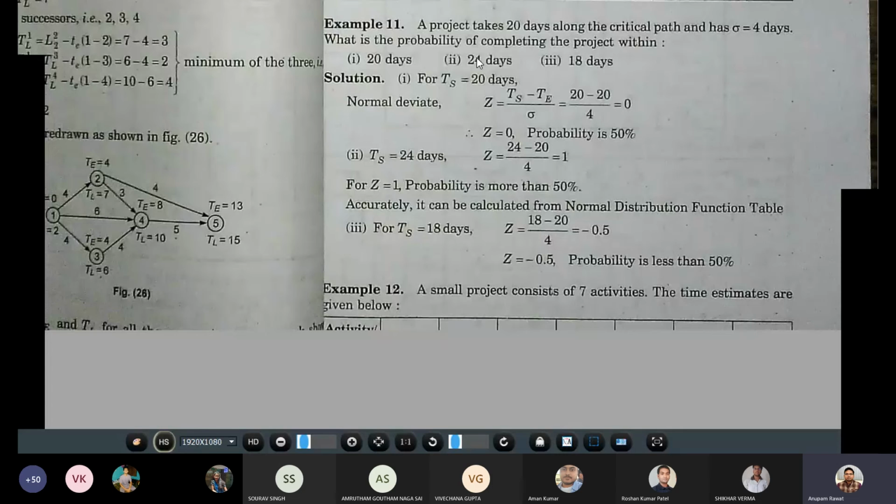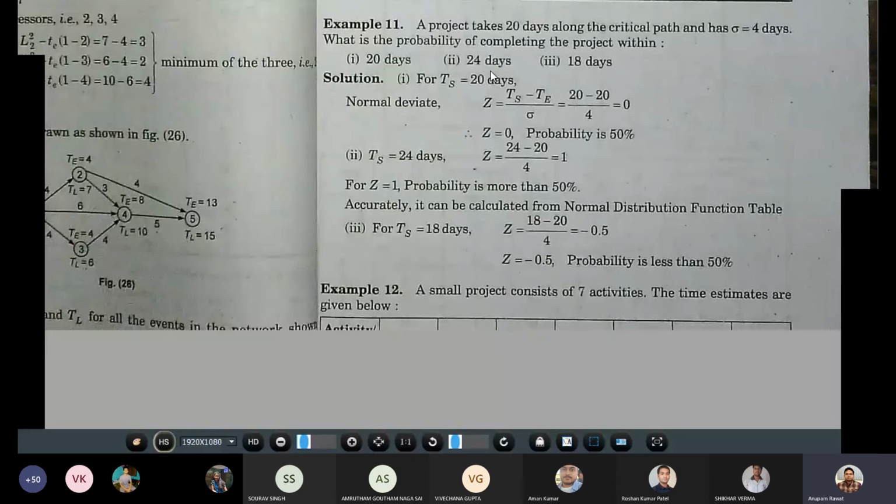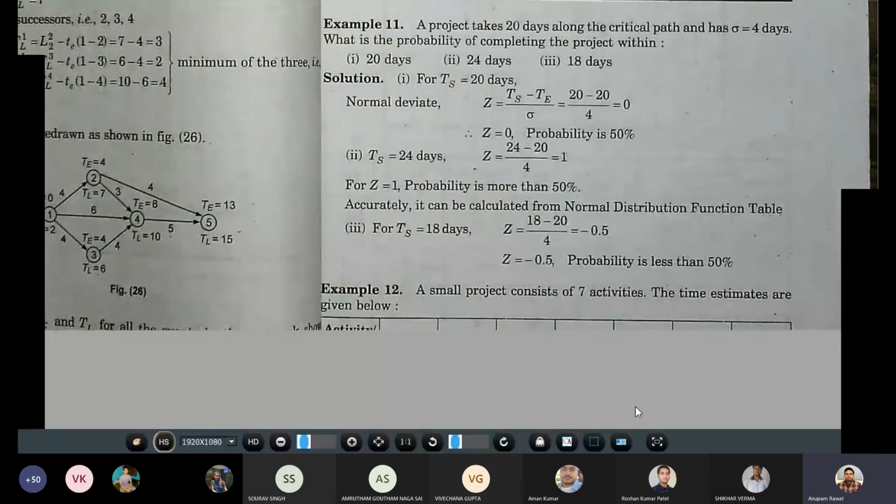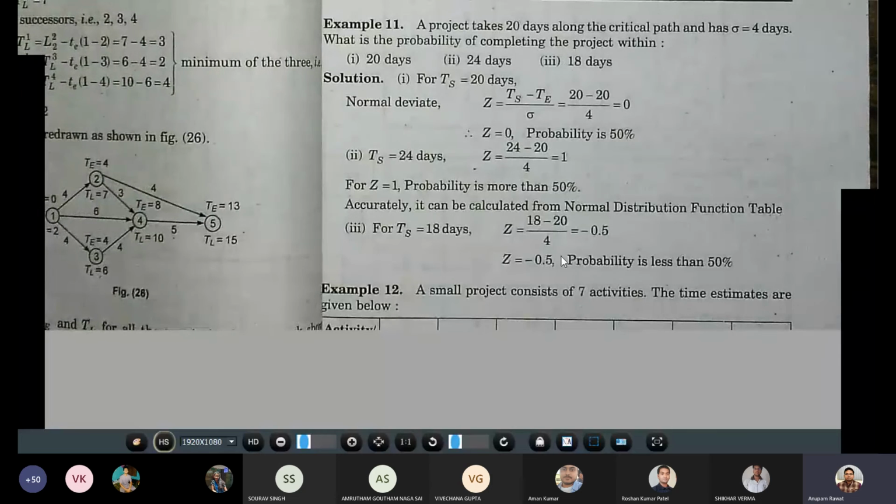When the value of TS is 24 days, TS minus TE upon sigma, so 24 minus 20 upon 4, is equal to 1. So it is a positive value, so the probability is more than 50%. And for 18 days, TS minus TE upon sigma gives a negative value.